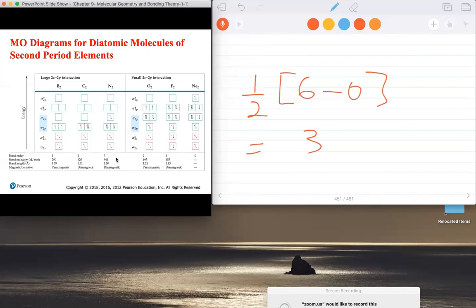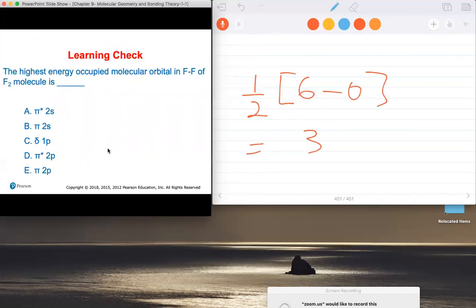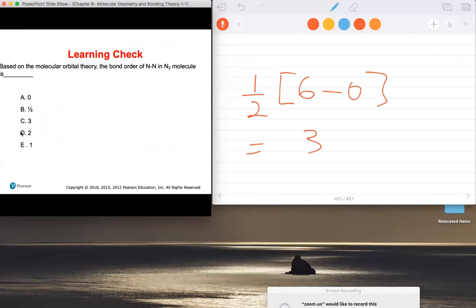Instead of just memorizing, suppose I give you something else, you should be able to determine the correct answer for that, which is C. So when it comes to bond order, the only way you can answer that question is to draw the molecular orbital filling diagram, fill with the electrons, use the equation.